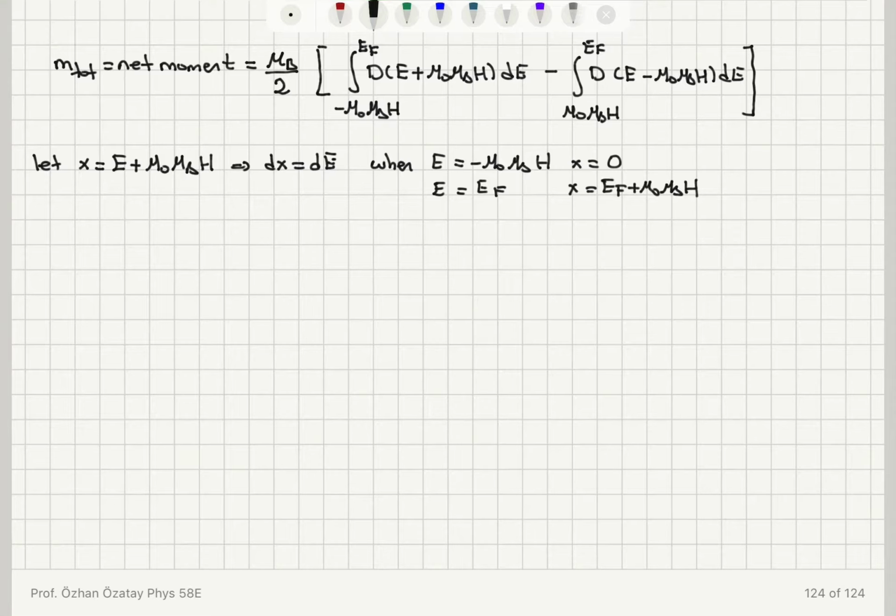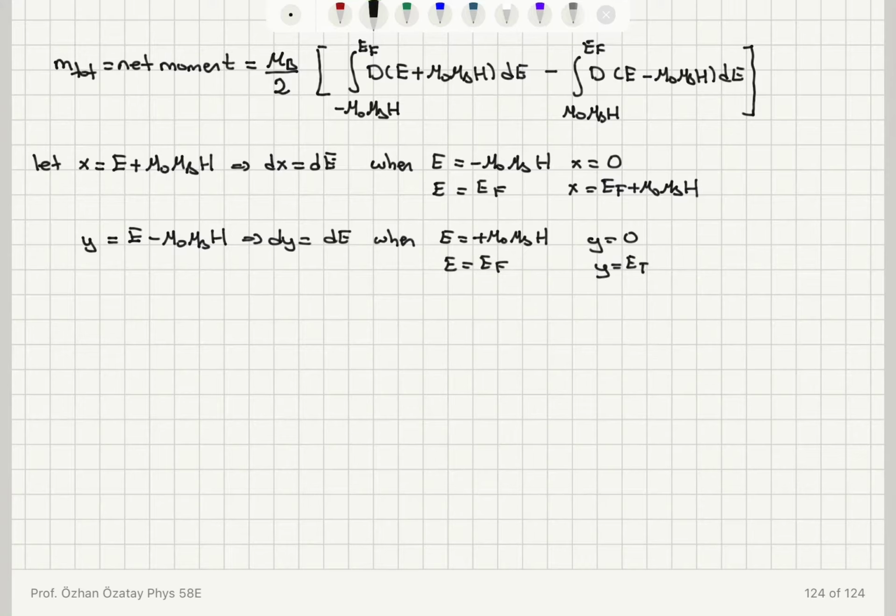And I will have a similar transformation for the other integral. Let's have y equal to E minus mu 0 mu b h, so that dy is equal to dE. When energy is equal to plus mu 0 mu b h, y is equal to 0.